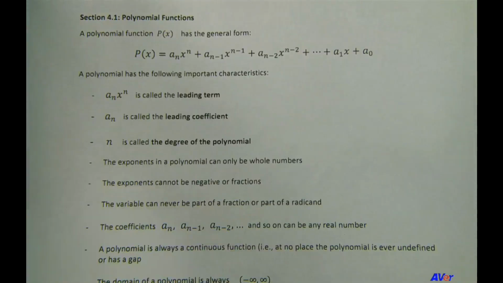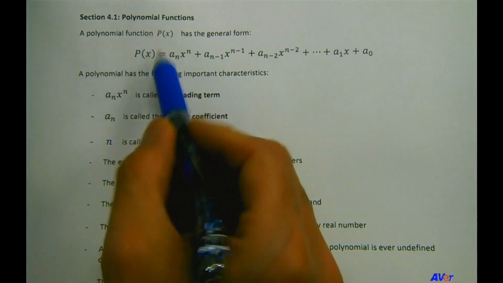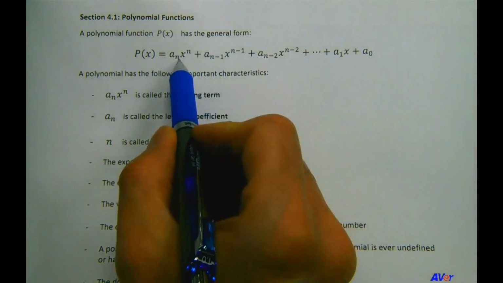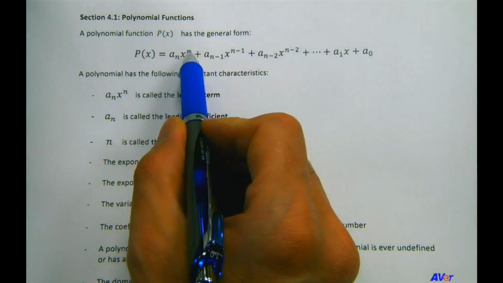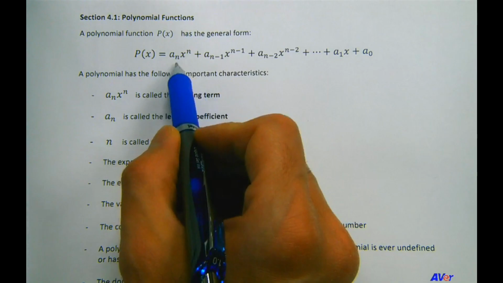Okay, so here are polynomials. This is what they look like. You're not expected to remember this from memory, but I think it helps to get a feel for what polynomials look like. So in this case, what should catch your attention is that the first term is some x term to some power.